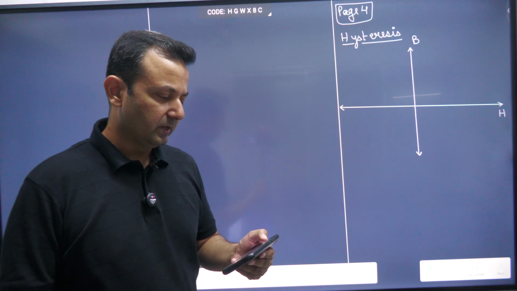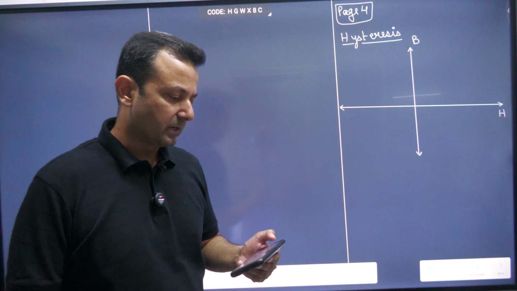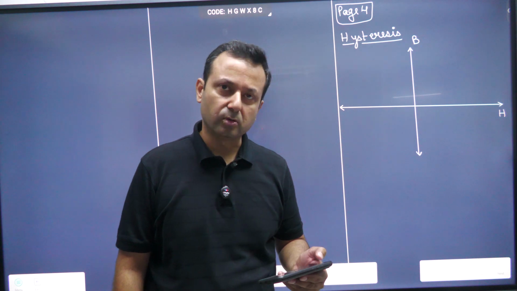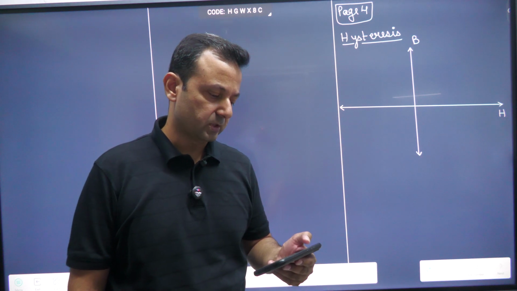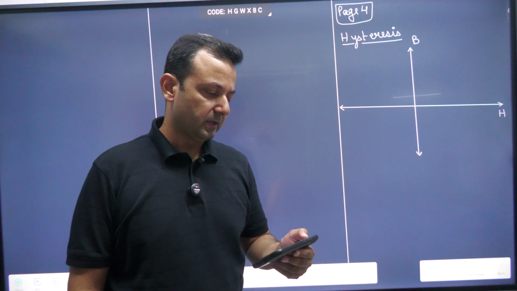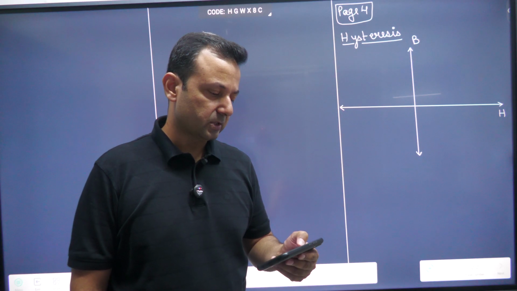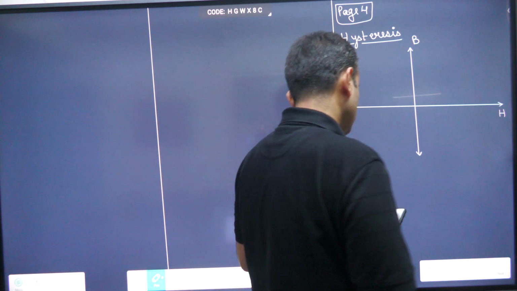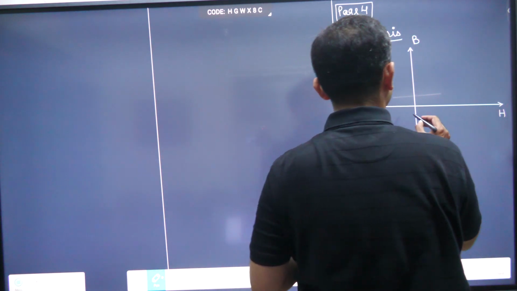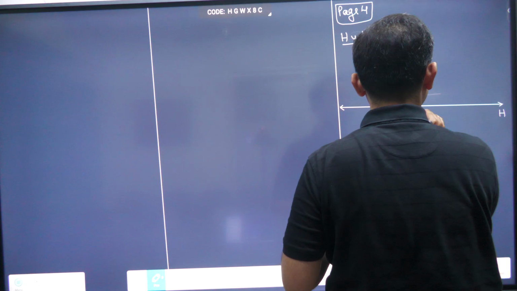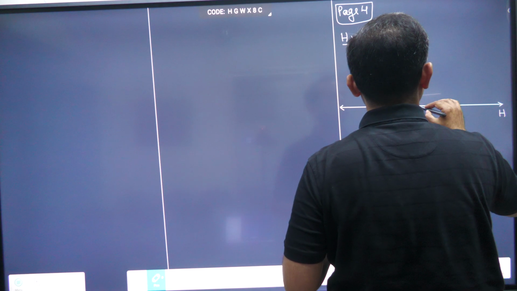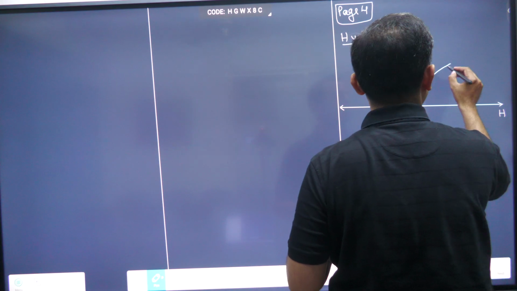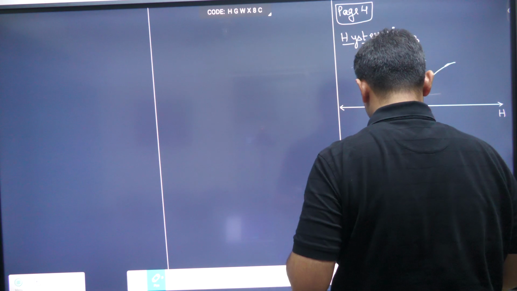As the magnetizing field intensity H increases, the magnetic induction B first gradually increases and then attains a constant value. In other words, B saturates at a certain value of H max. This is the origin, and when we magnetize it, it becomes saturated at this point.